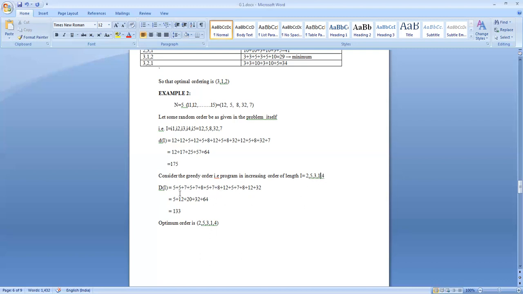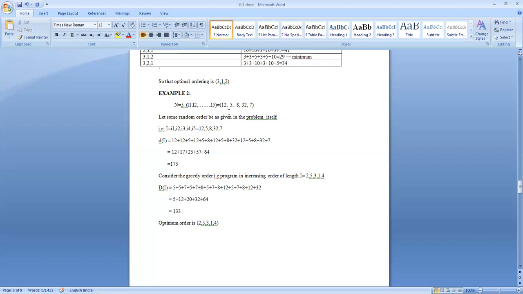Now let us compute the mean retrieval time of these programs. The first program to be stored is the second program, with length 5. Then the fifth program, so 5 plus 7. Then the third program, 5, 7, 8.